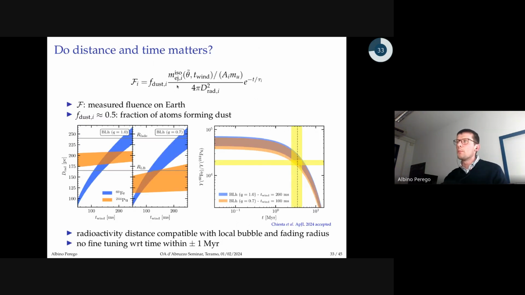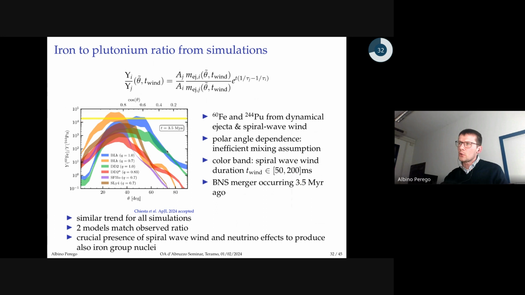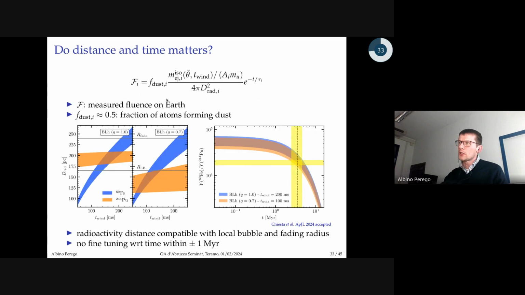We have also computed the distance at which this kilonova, this merger, would have happened, and these are the two models that you can see here. We just inverted this equation with respect to the distance, the radioactivity distance, and it was very nice to see that both the plutonium and the iron would more or less be at the same distance.